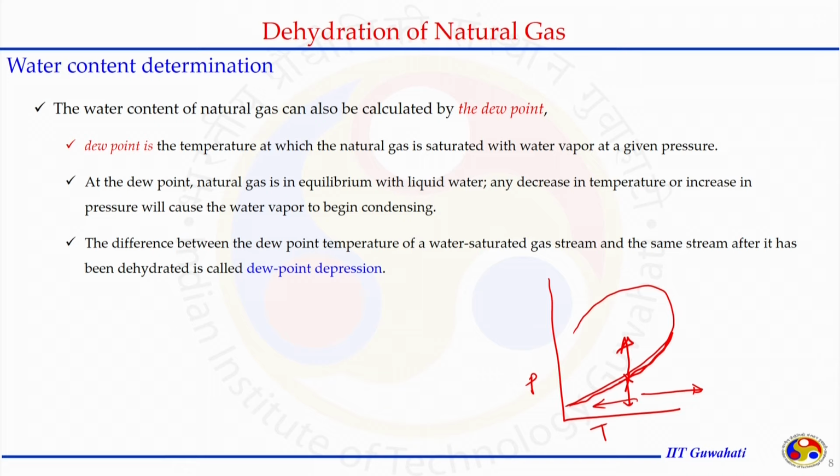And the difference between the dew point temperature of a water saturated gas stream and the same stream after it has been dehydrated is called dew point depression. So, the dew point depression can tell us how much water can be removed from the system.